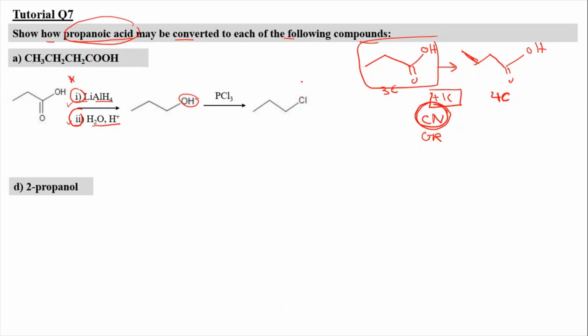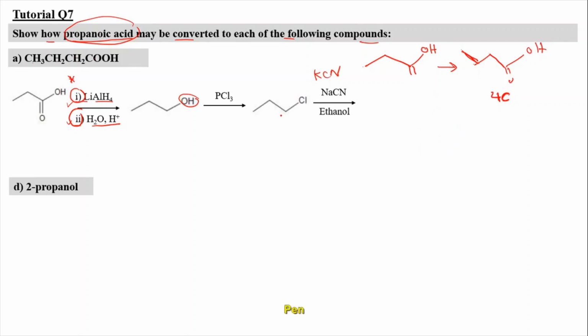So for the cyanide, the condition is we need to use NaCN in ethanol, or you can use KCN. Okay, so you have learned about this in chapter 7 as well as in this chapter, which is the carboxylic acid. So the example is in the lecture note. And then the Cl is going to be replaced by the CN here, and then the CN will undergo hydrolysis in order to form the carboxylic acid.